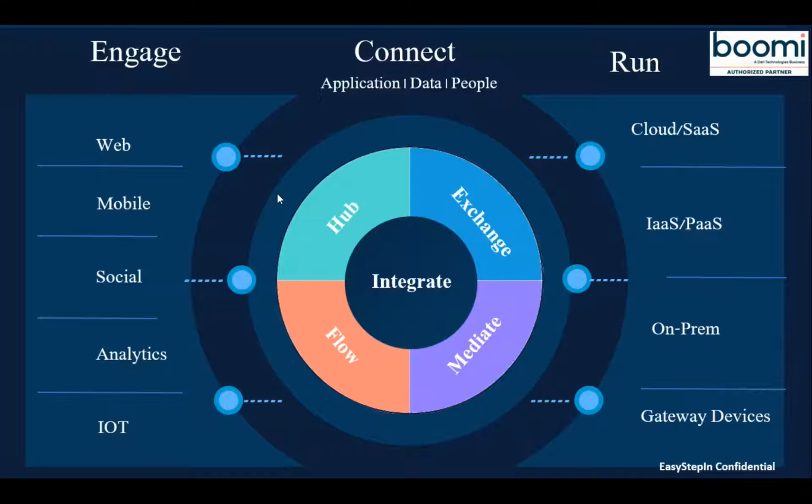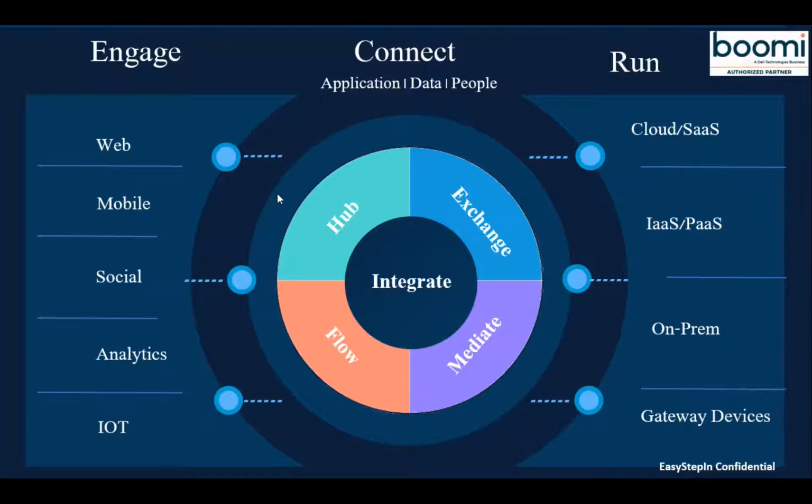Hub is a platform where you can enrich and synchronize your data, following all data governance rules. In Boomi terminology, we call these purified records golden records.